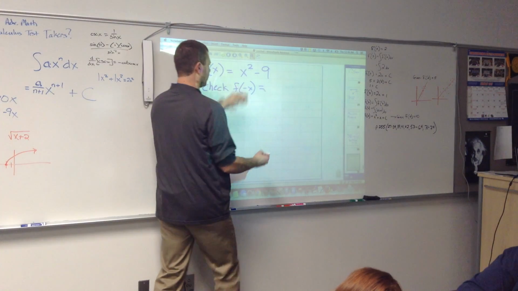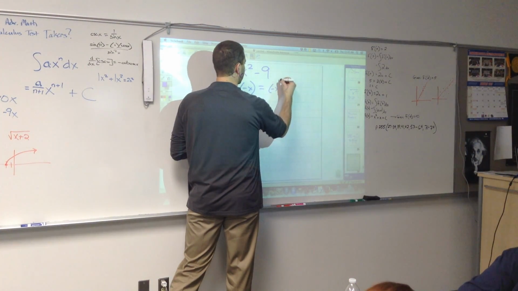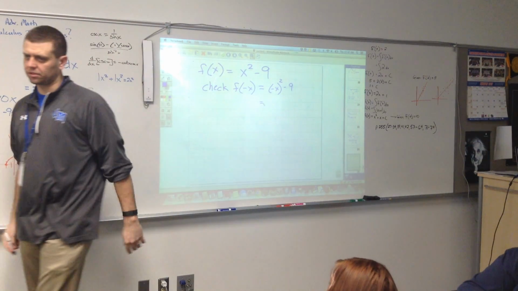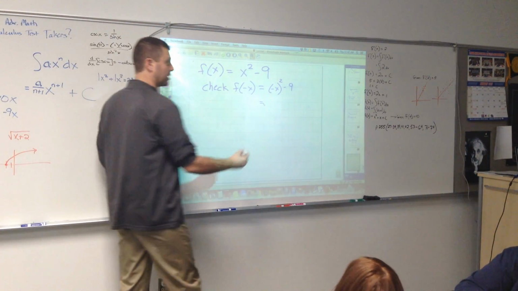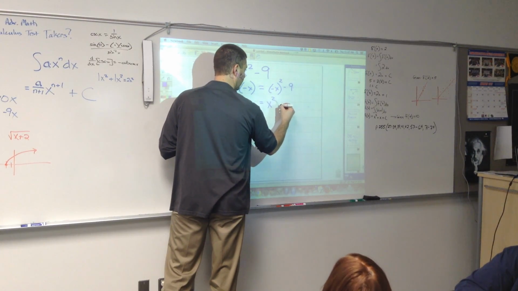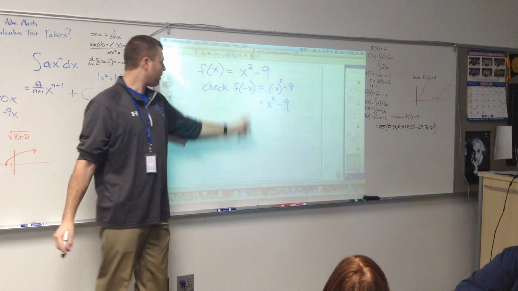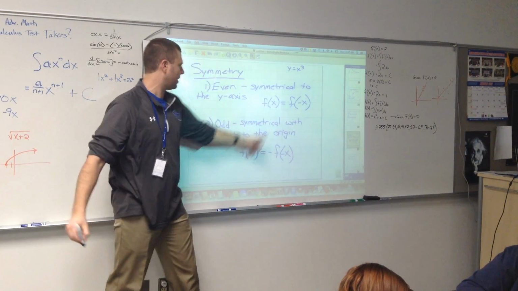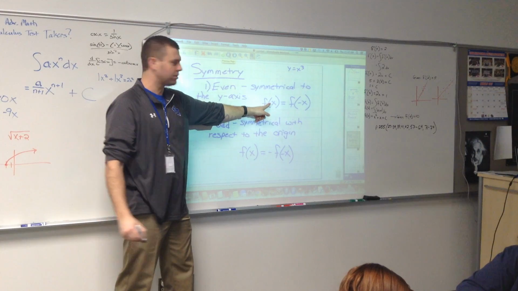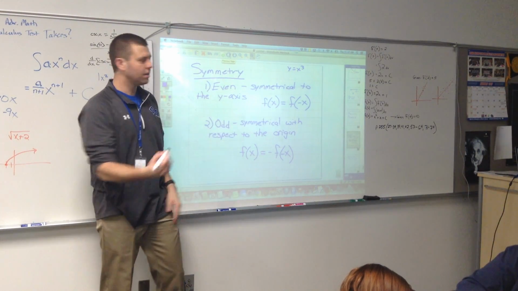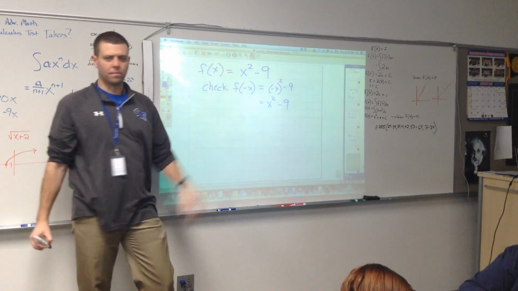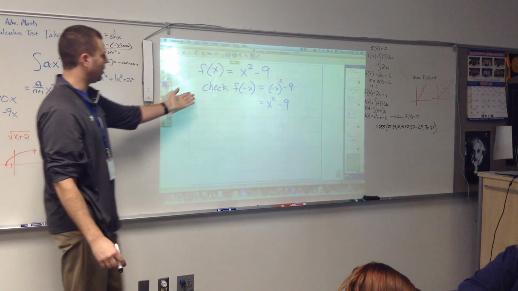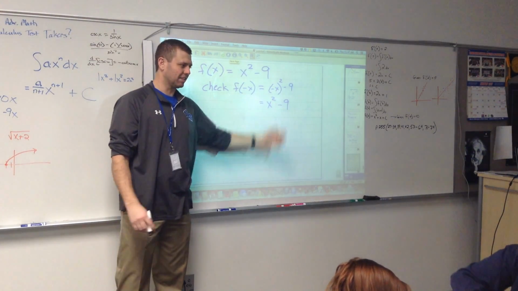So negative x squared minus 9. What's negative x times negative x? Positive x squared, right? So when I plug in negative x into the function, I get the same thing as what I started with. What type of function do I have? Even. So x squared minus 9 is an even function, because when I plug in negative x, I got the exact same thing.